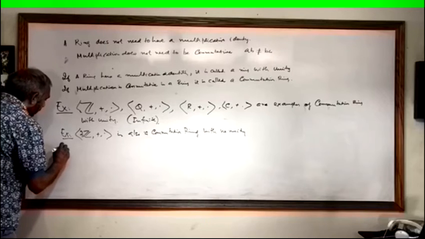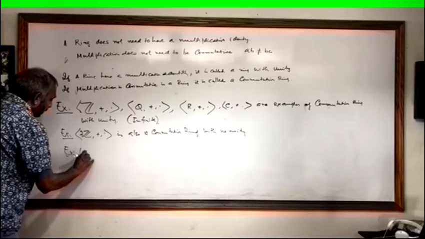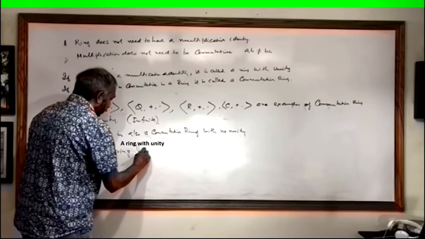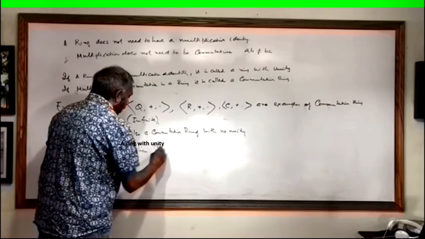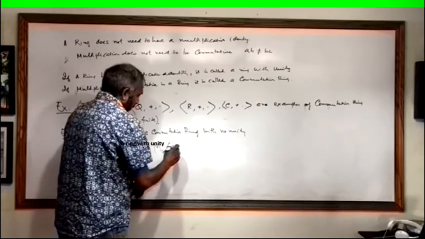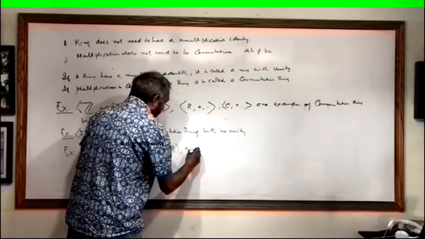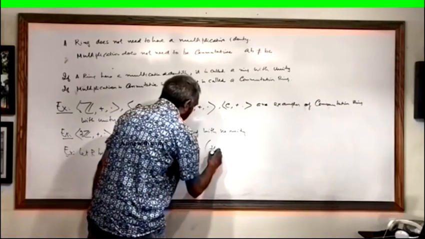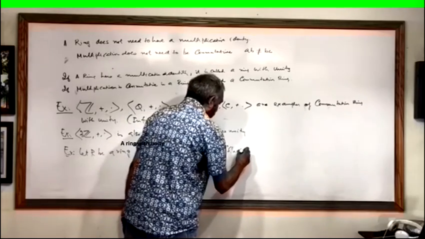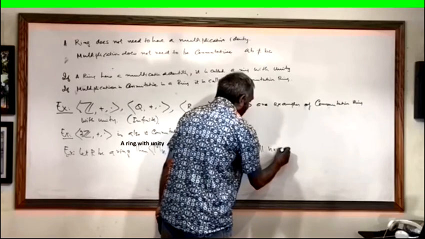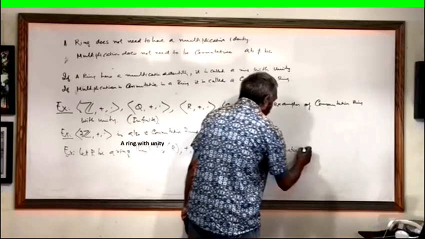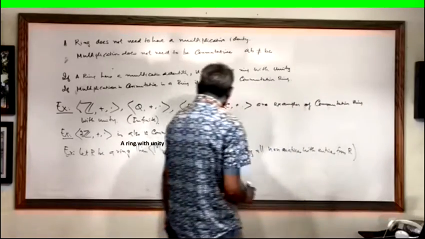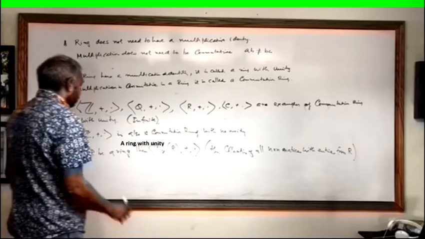Now, let R be a ring. Then M_n(R), with addition and multiplication, is actually the collection of all n by n matrices with entries from R. So this could be either Z or Q or R or anything.